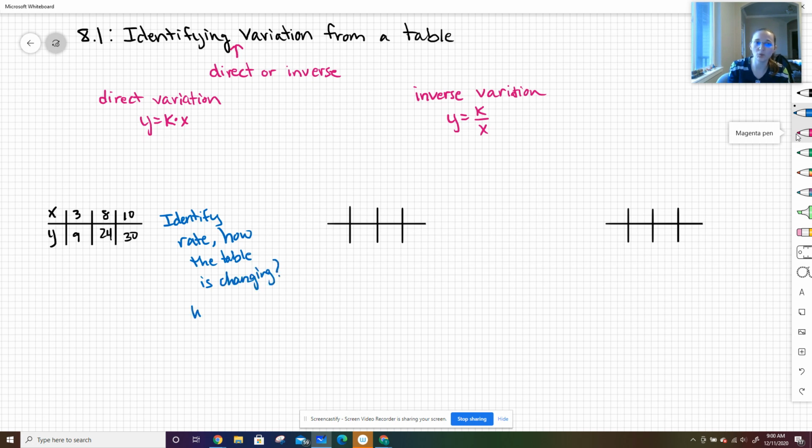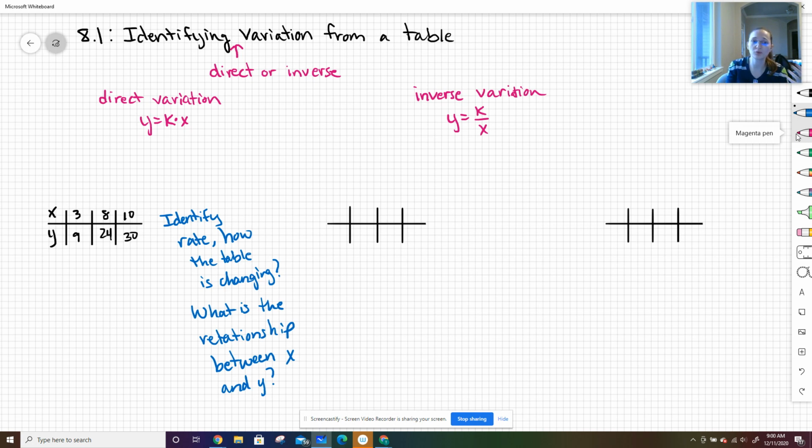We need to know what is the relationship between x and y. There's lots of ways to do this. I'm going to show you what I believe to be the easiest way.